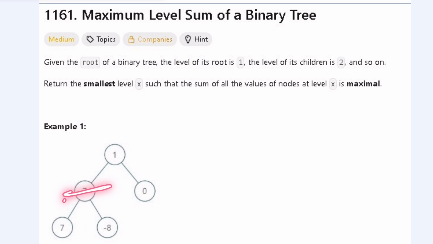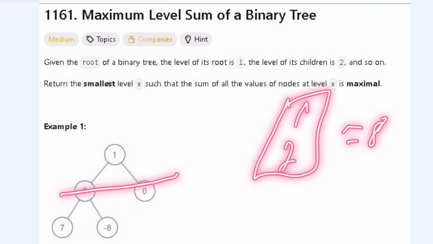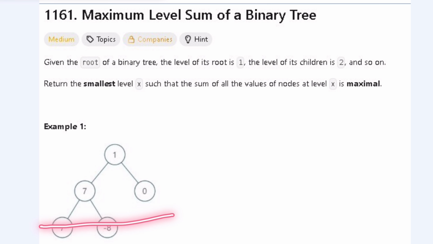One of these children, 7, has two children. So we have to find the sum. Let's suppose in L1 the value is 1. In level 2 the value is 7, so 1 plus 7 is 8. Then we'll go to the next level. If you see, one value is 7 and another value is -8.